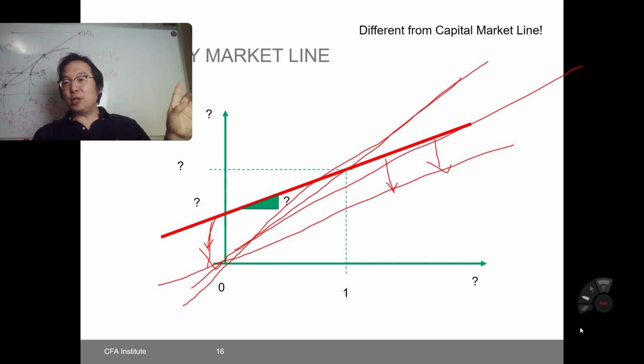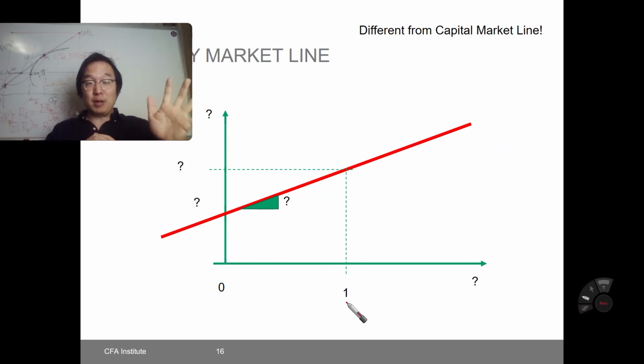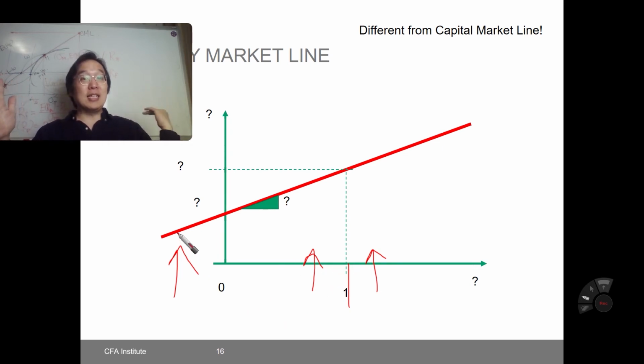Number 3, the third part that I should not forget when we talk about security market line. There are some securities whose beta is lower than 1 and whose beta is bigger than 1. There are some securities whose beta is exactly 1, and some securities whose beta is even negative. But they will all line up over here as long as the market is in equilibrium, as you saw on the capital market line.